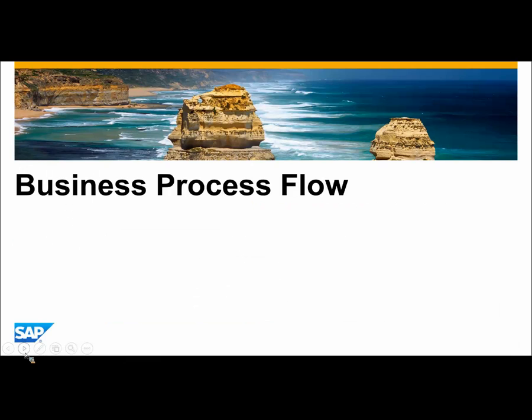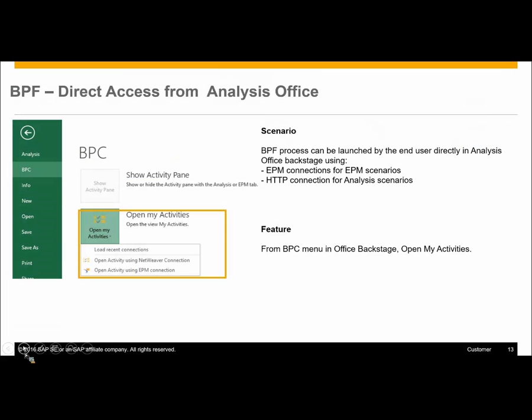Then another nice feature that we have improved with this new version is business process flow. As Alex mentioned just before, we already supported this in Analysis Office 2.3, the previous version. What is it?